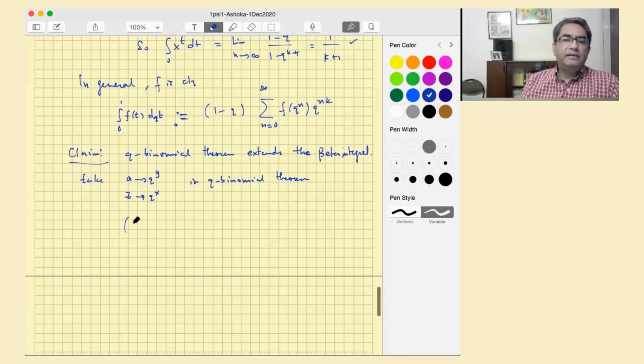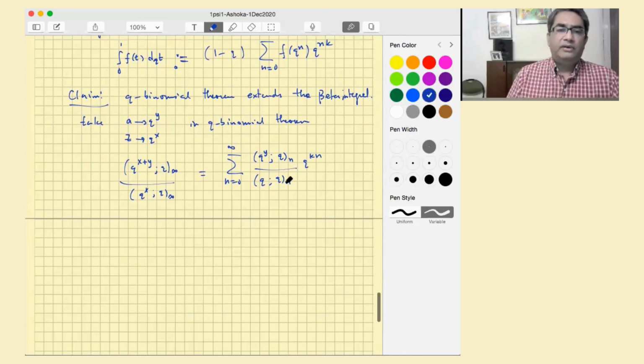Okay, and we get (q^(x+y); q)_infinity (q; q)_infinity over (q^x; q)_infinity (q^y; q)_infinity is equal to the summation n going from 0 to infinity, (q^y; q)_n over (q; q)_n, and then q raised to kn.